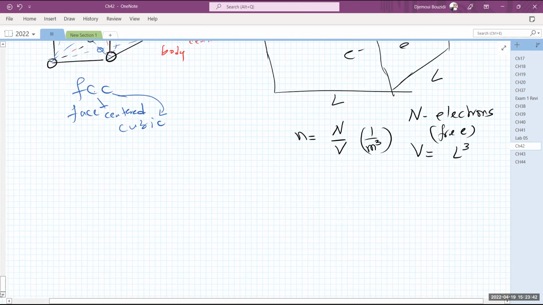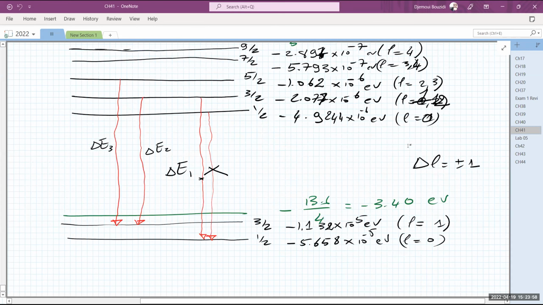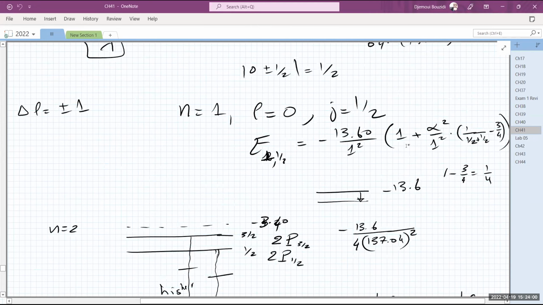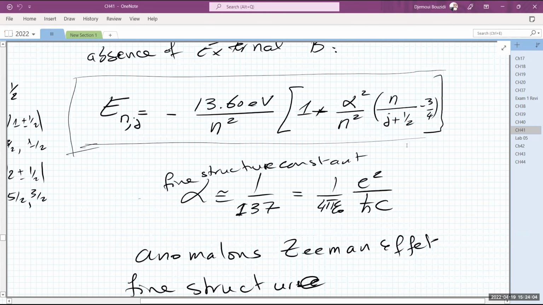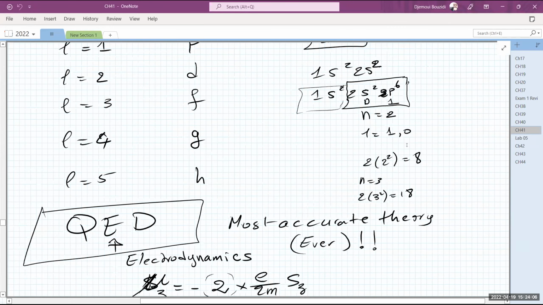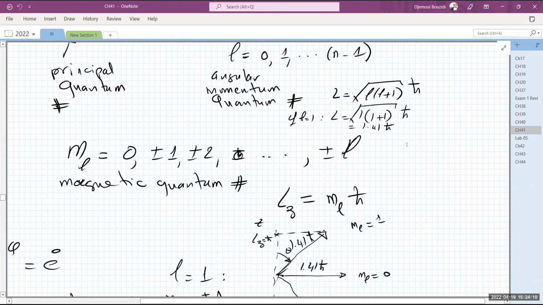I can treat each and every one of them as a free particle inside a box, and that is from chapter 41, actually. And if we find that expression, because we will need it right away for the free particles inside the box, otherwise we can just rewrite it quickly.